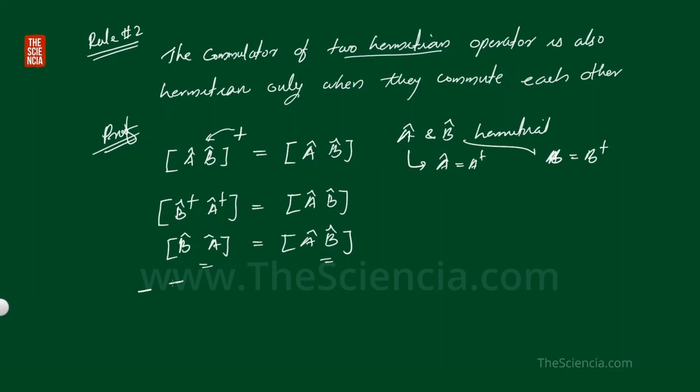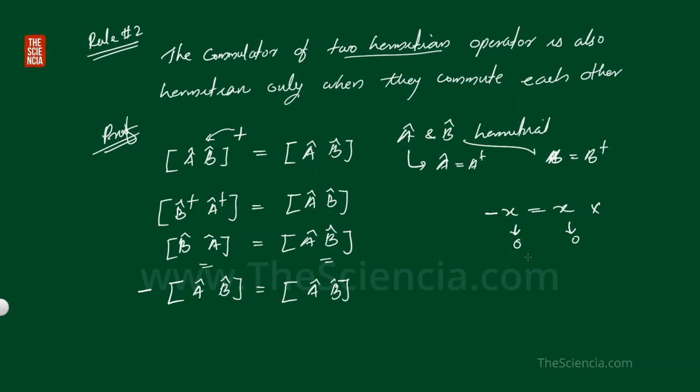So this will be minus the commutator AB, that is equal to the commutator AB. See, this is like minus x is equal to x. Is there any chance for a negative value to be equal to a positive value? No, right? The only chance is x should be equal to 0.